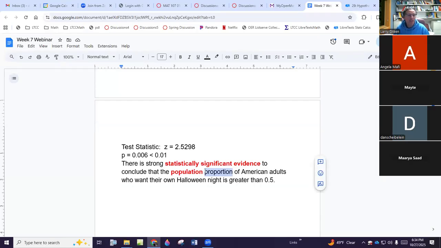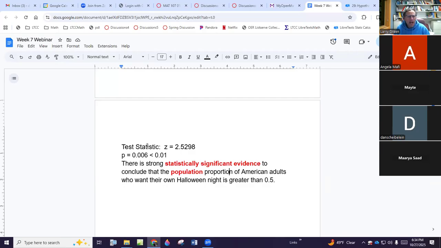A lot of people make that mistake too. Make sure that you are talking about the right thing: the population proportion of American adults who want their own Halloween night is greater than 0.5. Any questions on the conclusion?